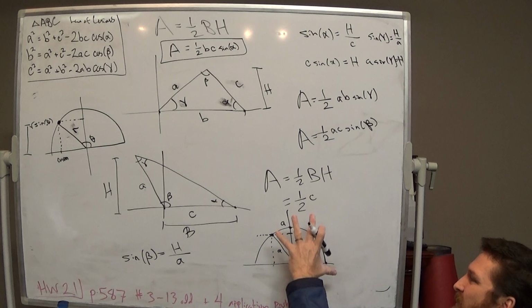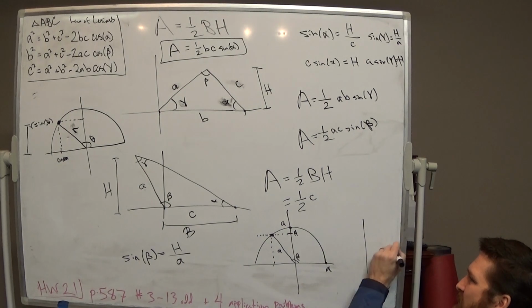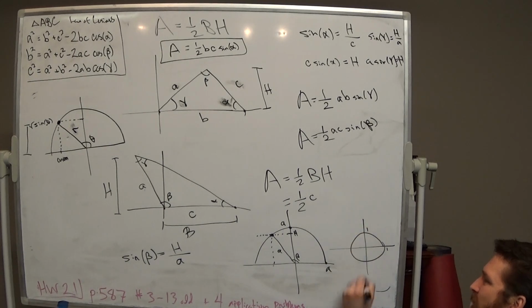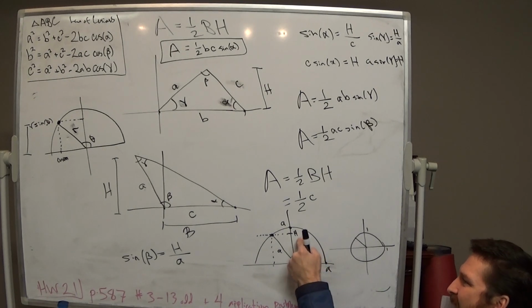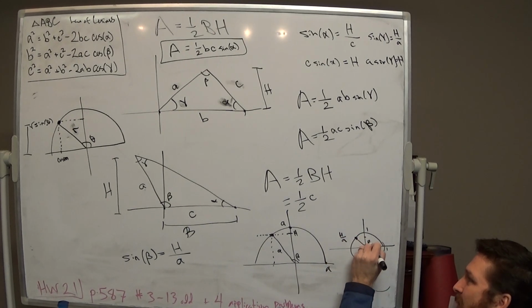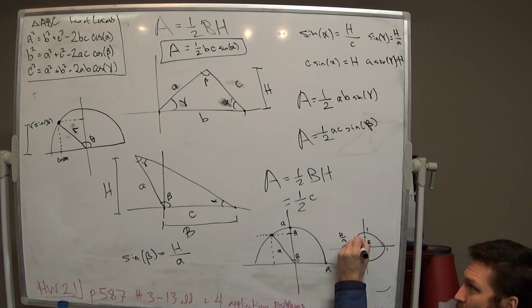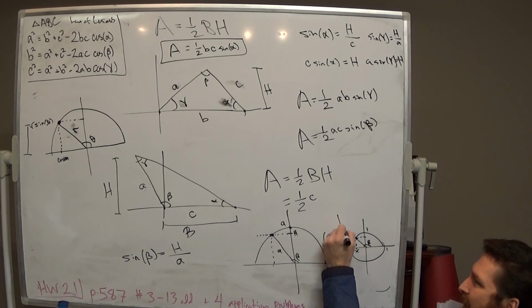But then if we took this and shrank it down, we would need to multiply everybody through by 1 over A to shrink this down to a unit circle of length 1. The radius would have to be divided by A. And then H, that point up there, would need to be divided by A, putting you at the point H over A. And now, beta, still the same angle measure, is on the unit circle, and that point would be the x value, comma, H over A. But that's exactly what these are.